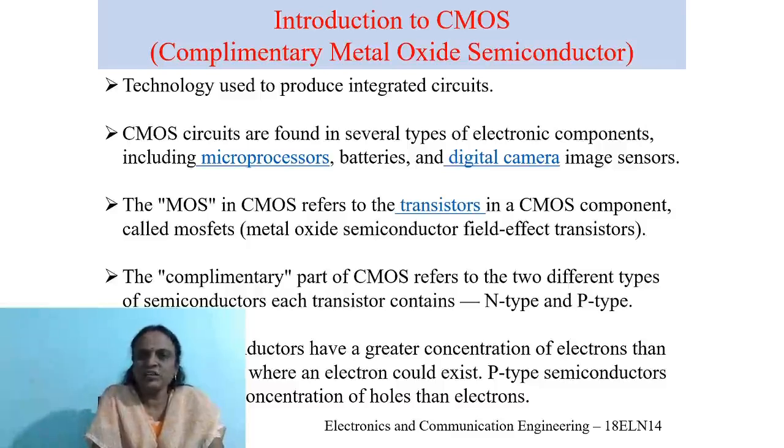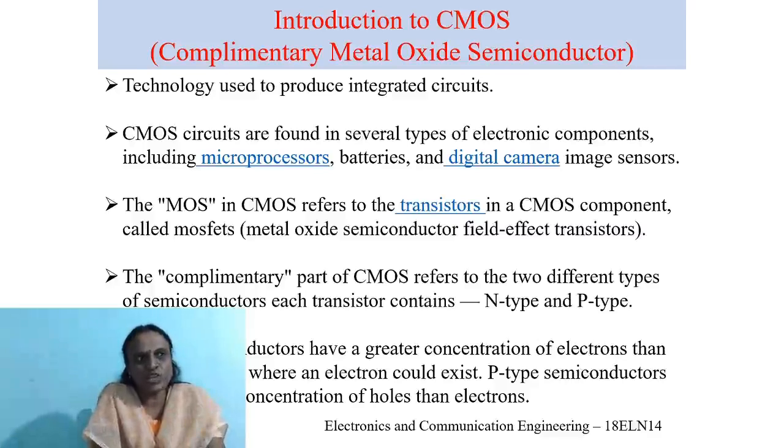Previously they were using aluminium, and that time the name came into the picture as metal. Next, they moved on from aluminium metal to polysilicon. Hence, the metal part is quite misleading. Why is it called metal oxide? You may be wondering that. It is because of this conductivity material.